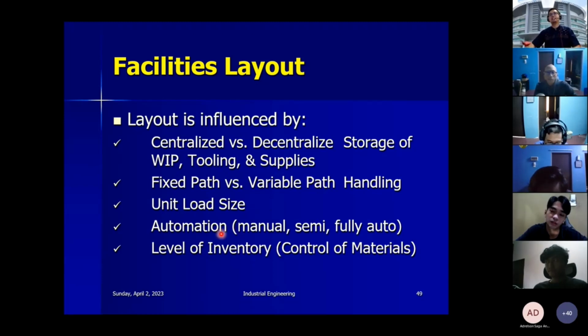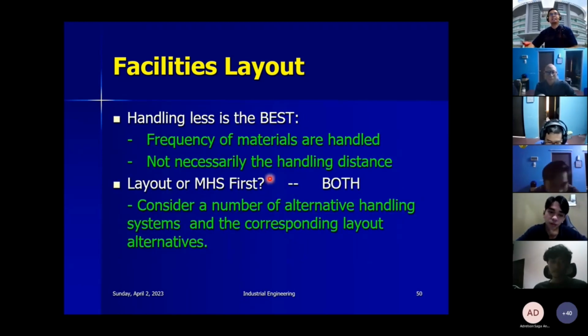We also look at whether it is manual, semi-automated or fully automated. And last but not least, it differs by the level of inventory control of the material itself. Handling less is best: the frequency of material handling, but not necessarily the handling distance.